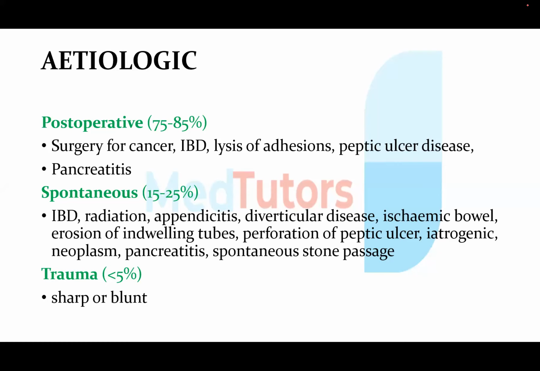Now, you have to control the effluent, the drainage from the fistula, because it will cause extensive skin excoriation, especially if it is a high output. This is achieved by dressing, applying bagging, some catheter, somatostatin analog.